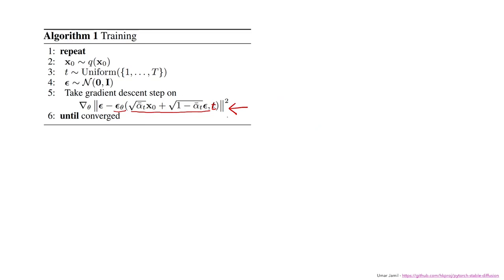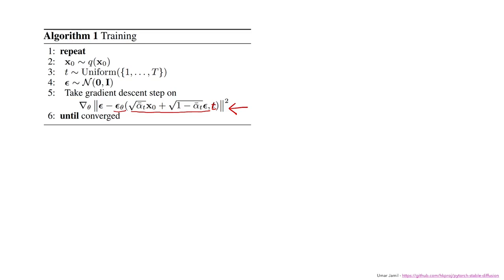And if we do gradient descent over this loss function here, we will maximize the ELBO, and at the same time we will also maximize the log likelihood of our data. And this is how we train this kind of networks.